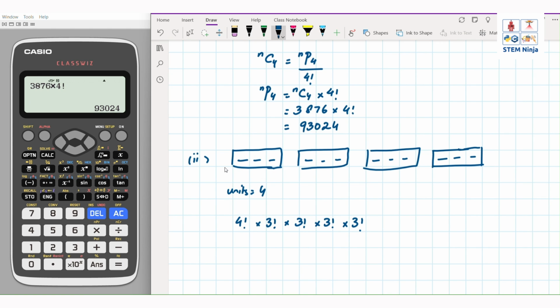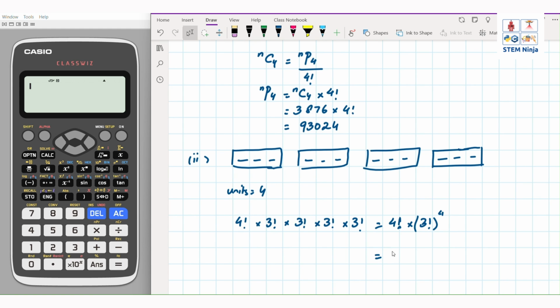The order of arranging the astronauts is 4, but their presence inside those arrangements are 3 factorial each. So you can also write this as 4 factorial times 3 factorial raised to power 4.